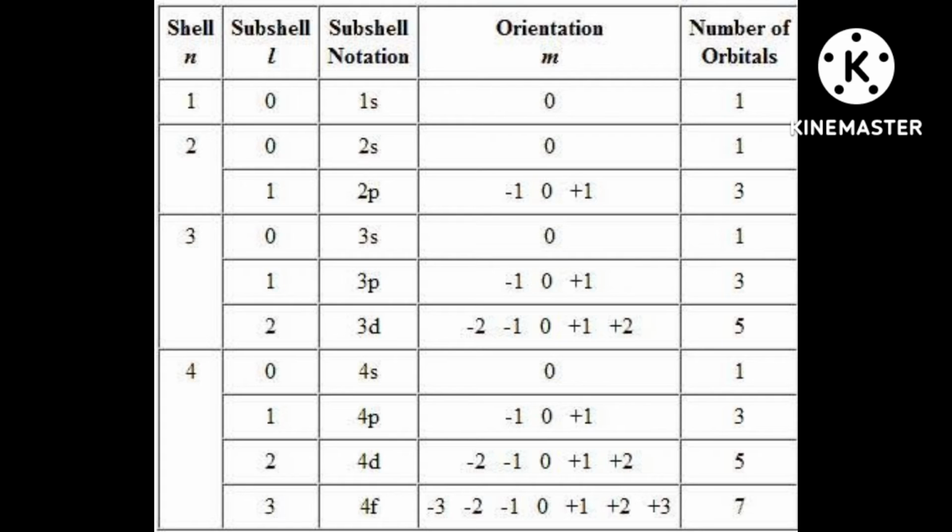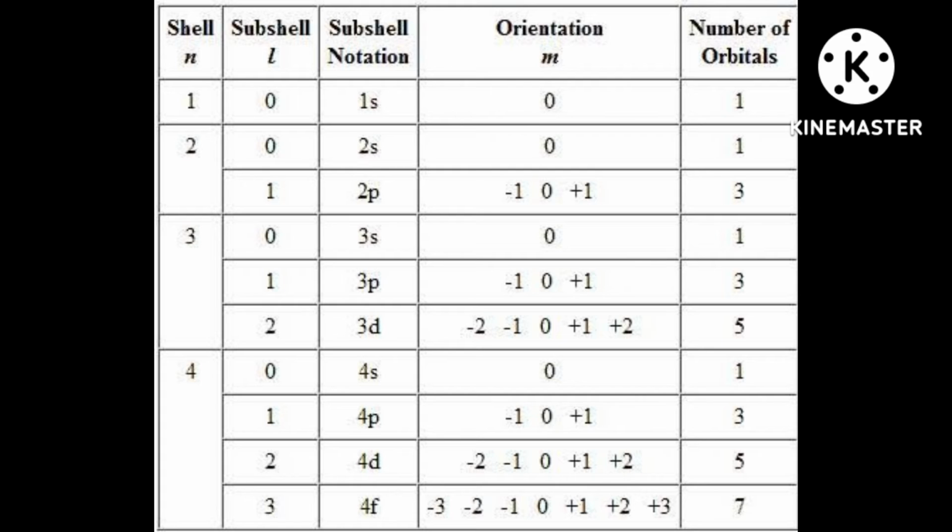For n is equal to 2, 0, 1 means 2s, 2p. For n is equal to 3, 0, 1, 2 means 3s, 3p, 3d. For n is equal to 4, 0, 1, 2, 3 means 4s, 4p, 4d, 4f.